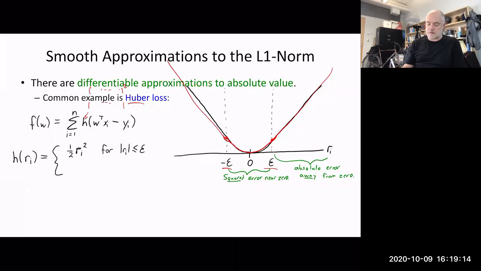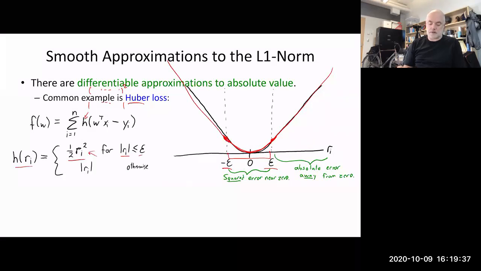And you could fiddle around with this for a little while at home and get it right without any trouble, right? Basically, h of r is 1/2 r_i squared. That's this right here, for the absolute value of the residual less than epsilon. So in this range, the value of the Huber loss is a quadratic loss.